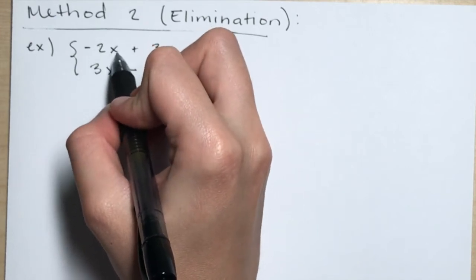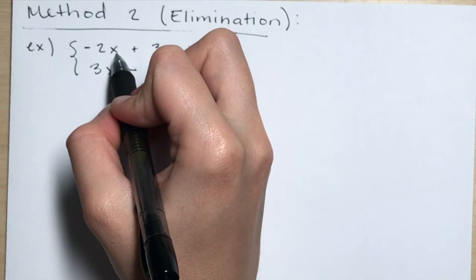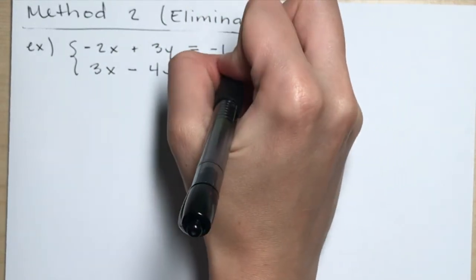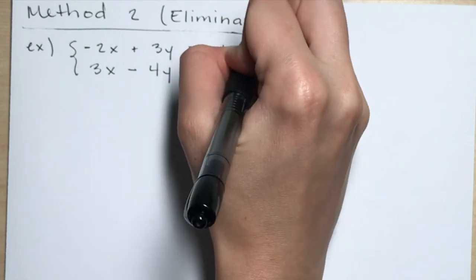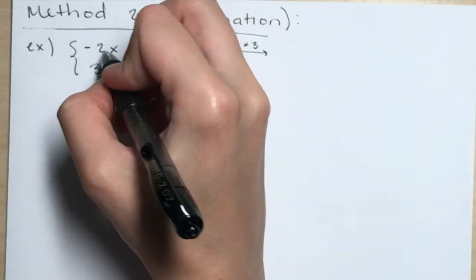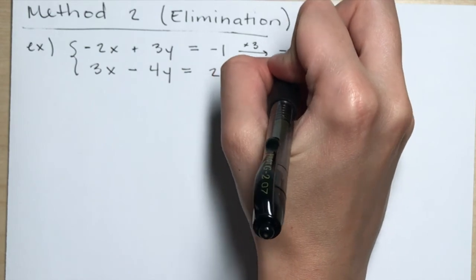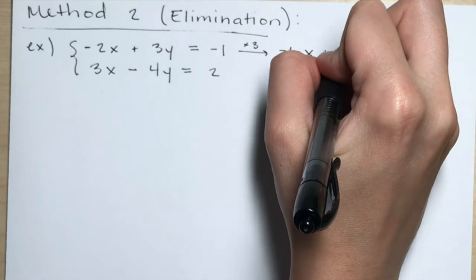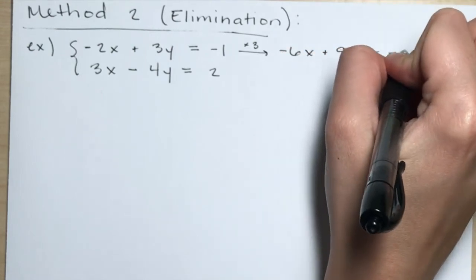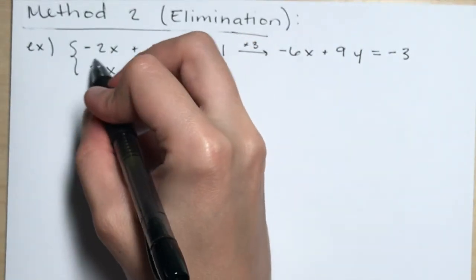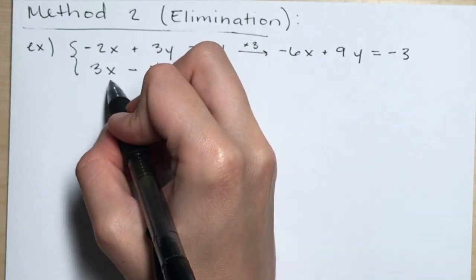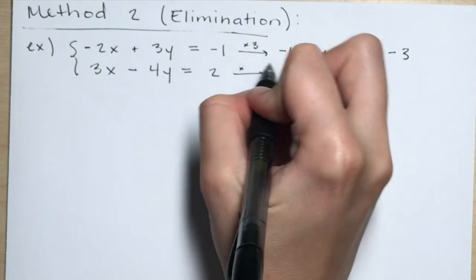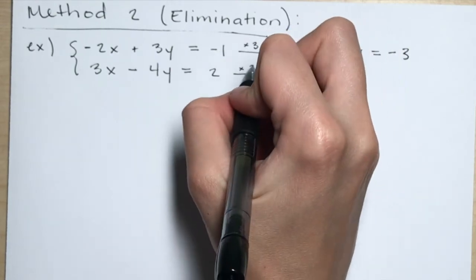So what could I multiply by this guy to make it negative 6? Just 3, right? Times 3. So I multiply this times 3, I get negative 6x plus 9y equals negative 3. What can I multiply this guy by to get positive 6x? 2.